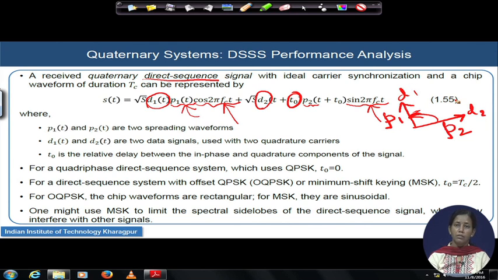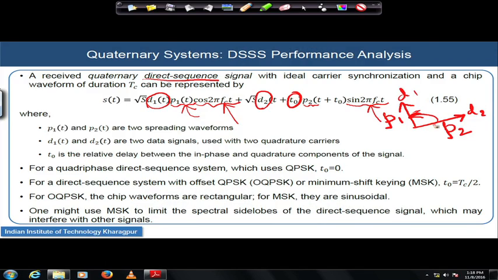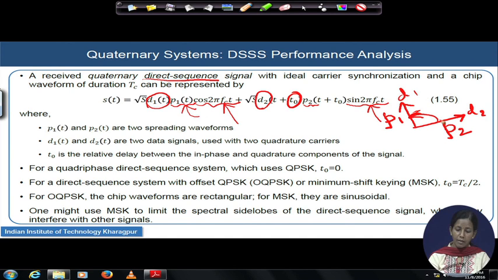Remember, both of the signals have a dedicated PN sequence, or any kind of code sequence of your choice, to spread the signal, and there is a time delay considered between the signal received over one carrier and the signal received over the other carrier, and that delay we have modeled to be equal to T0. The received signal and the power that we have sent both have equal power before transmission.